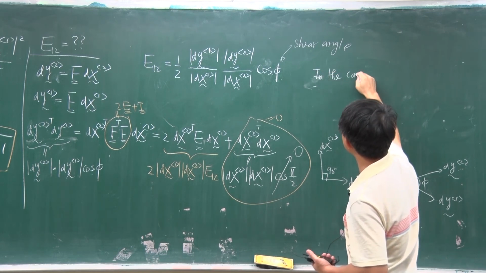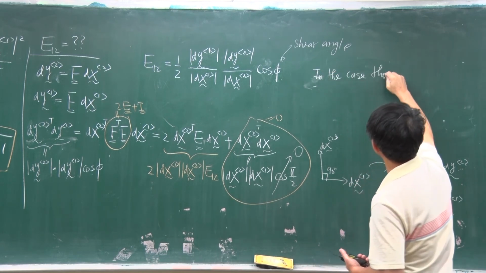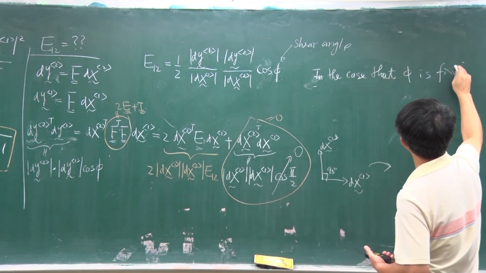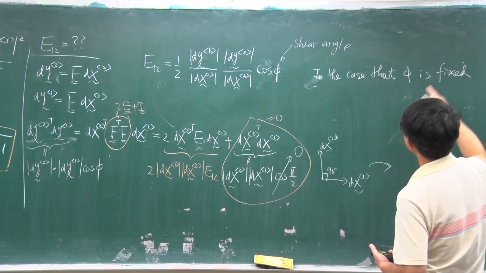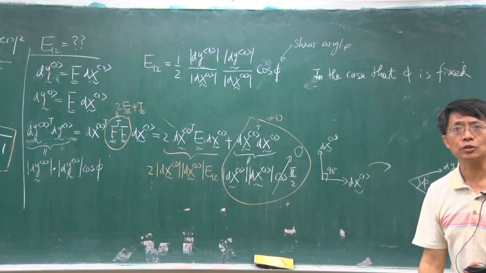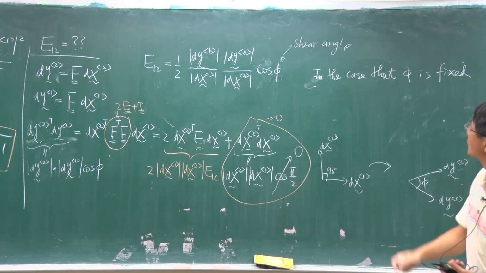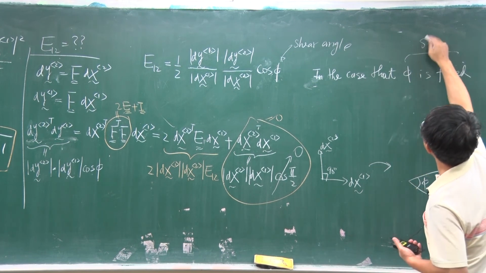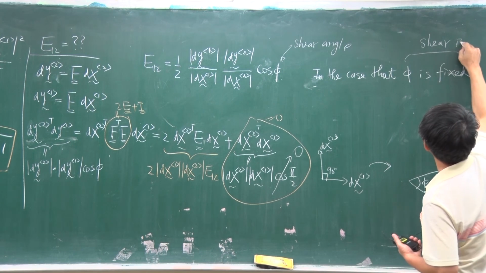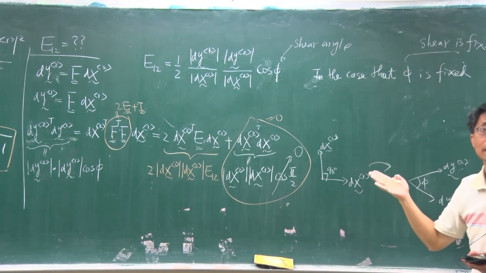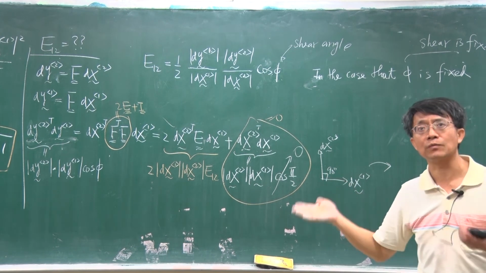In the case that phi is fixed. What do you mean? Phi is fixed, then the shear strain doesn't increase or decrease, right? Phi is fixed, shear is fixed. You agree, right? When phi is fixed, shear is fixed.